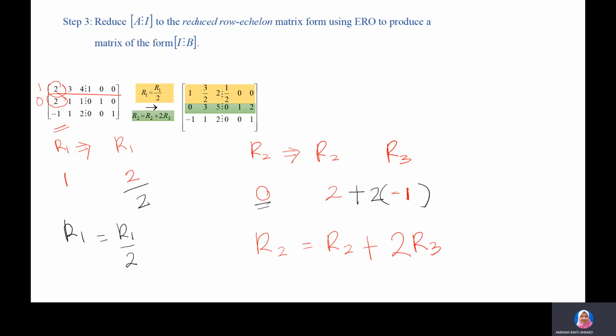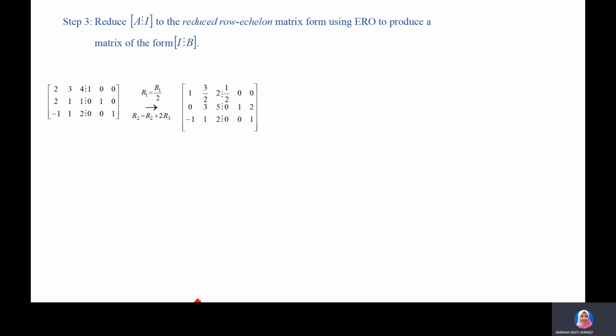And then 0 plus 2 times row 3, row 3 equal to 2. And so on. Okay, so next we try to create the formula for our aim here.